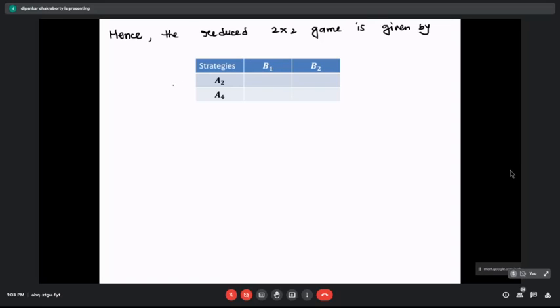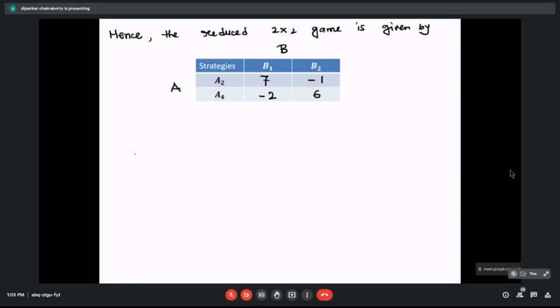So you can see for the player A, the strategies remaining are A2 and A4, and for the player B, the strategies remaining are B1 and B2. And what are the values? 7, minus 1 and minus 2, 6. Very good. Minus 2, 6.